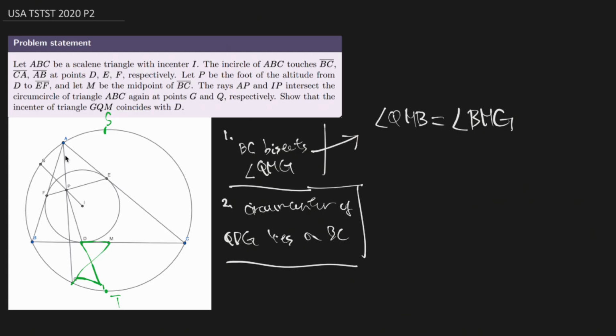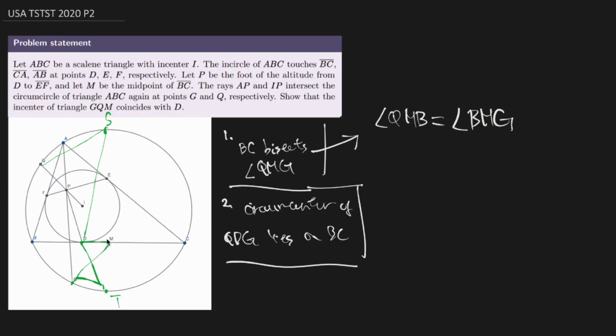Well, similarly, up here, since Q, D, and S are collinear, we have that the points Q, D, M, and S are actually also concyclic. So our angle QMD is just equal to the angle QSD.